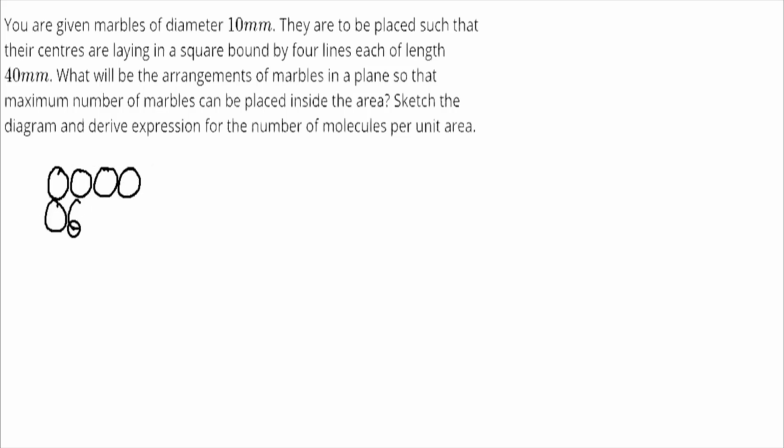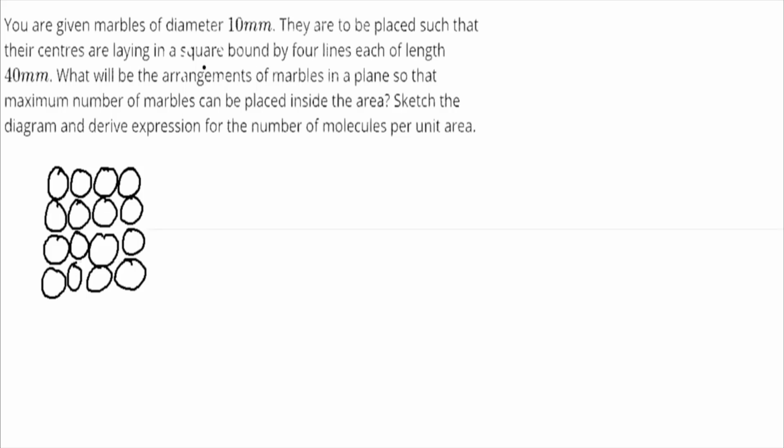So I'm going to draw the structure here, and these marbles are arranged just like the atoms are arranged in a crystal lattice, right? So these marbles are arranged in such a manner that their centers are lying in a square bound by 4 lines, each of length 40 meter.